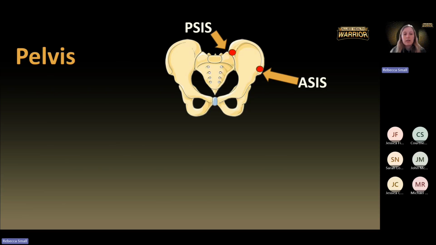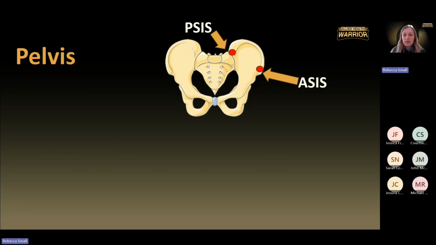You can see they're kind of like the notches on the front and the back of the pelvis. You've got this large iliac crest, or the curved edge of our pelvis, and generally that's the easiest way to think about where the ASIS and PSIS are, because you can feel for that iliac crest, and then at the very front part where it drops off, that's the ASIS, and right at the back where it kind of goes in is our PSIS.